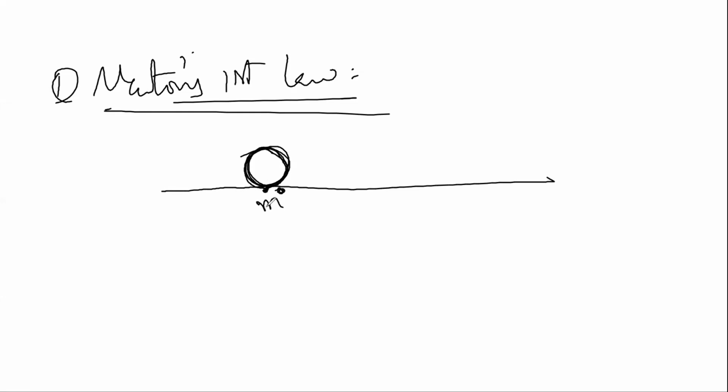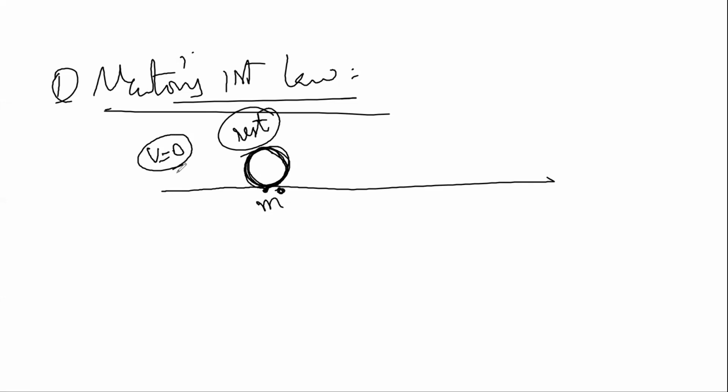That means the velocity is 0. Hence, we can say that the body is at rest now. See, unless you apply some force on it, the body will be at the same position.